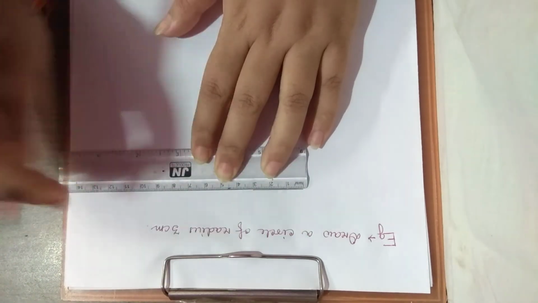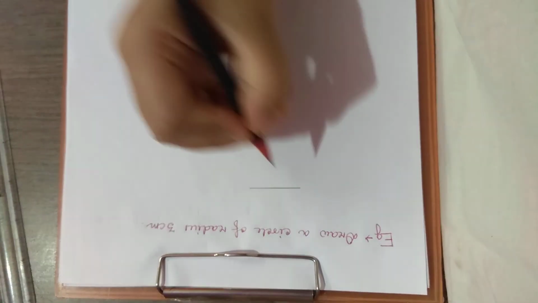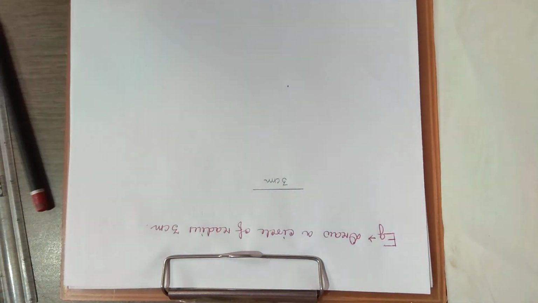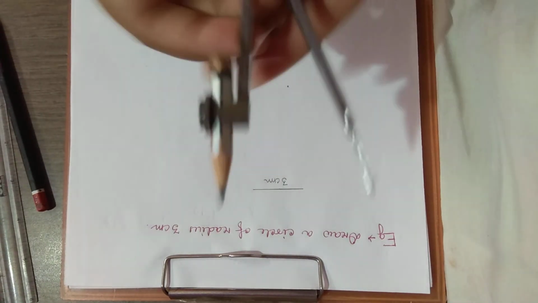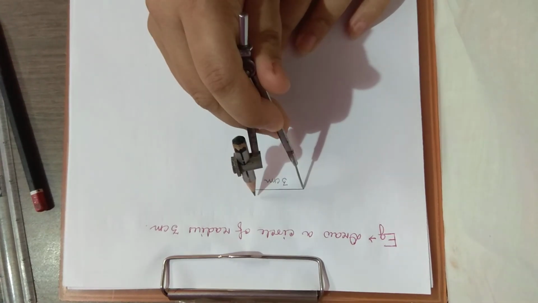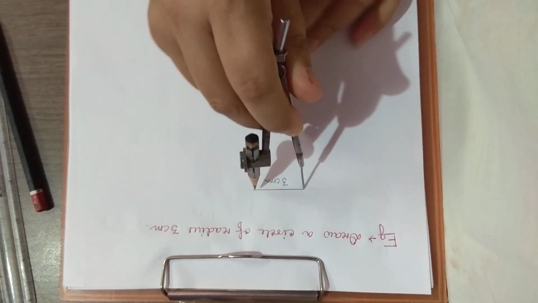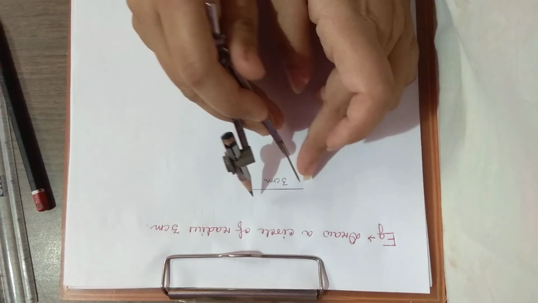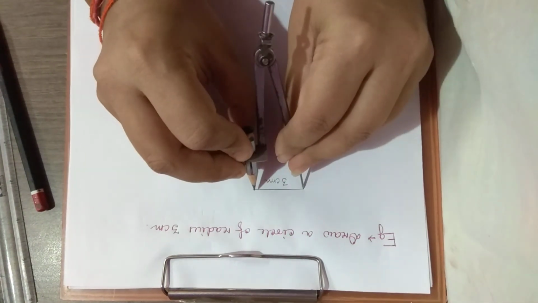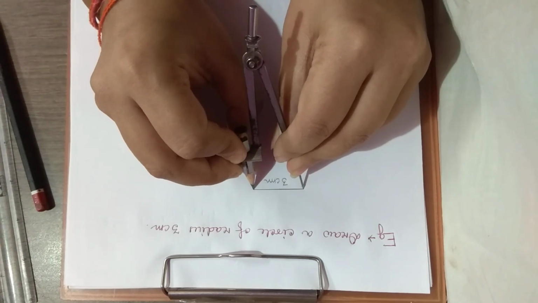We have drawn a 3 cm line using ruler and pencil. Okay. Now we will take the compass and we will measure this using the compass. We will place the steel point at one end of this line and adjust the pencil at the other end.